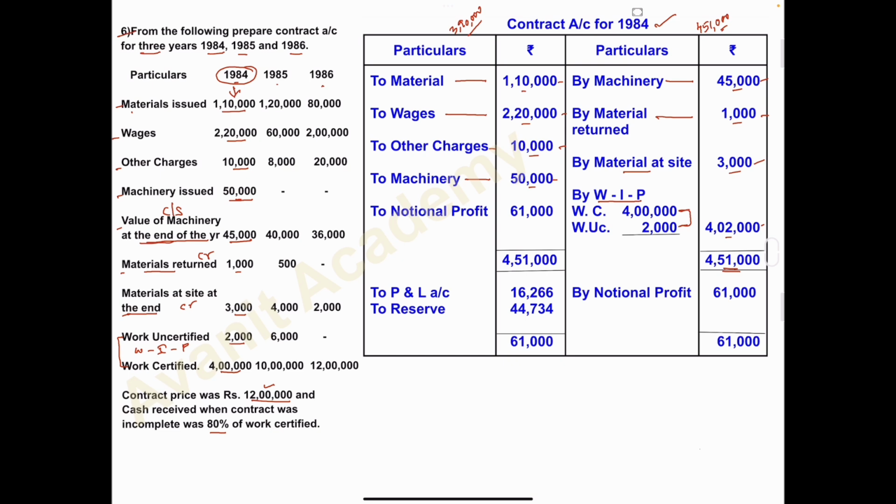The same amount we will write on the debit side, 4 lakh 51,000. From 4 lakh 51,000 minus all these amounts, 1 lakh 10,000, 2 lakh 20,000, 10,000, 50,000, or from 4 lakh 51,000 minus 3 lakh 90,000, you will get the difference amount, 61,000.